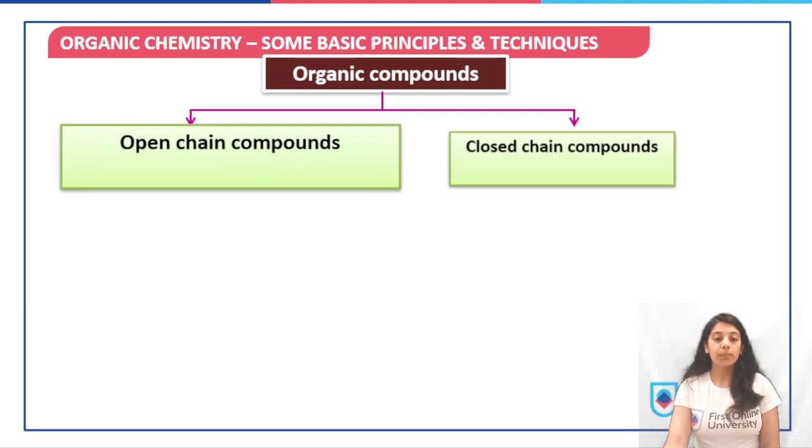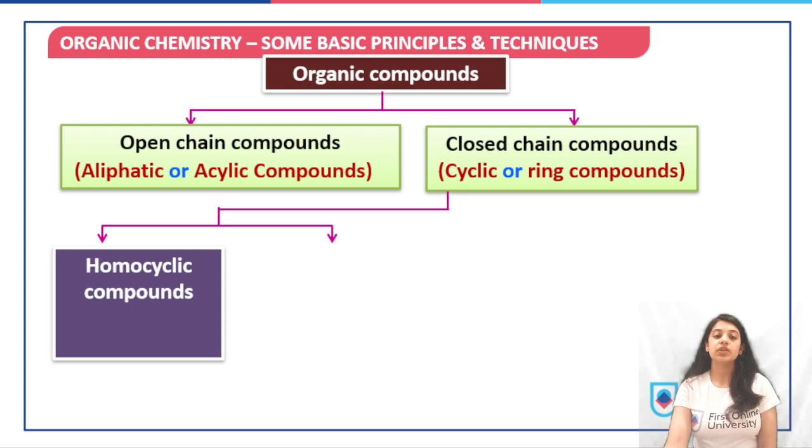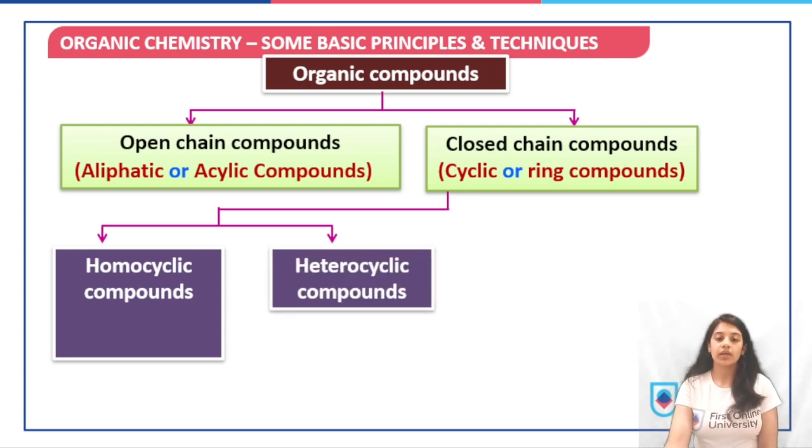So, open chain and closed chain compounds can be further classified. Open chain have been classified into two categories already. Now we are going to classify the closed chain compounds into homocyclic or heterocyclic compounds.